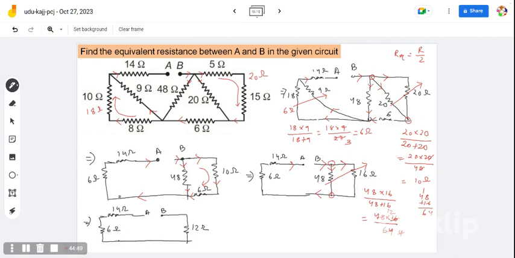Now when we do the current distribution again, the current through B is passing through this and it is reaching up to A, means the same current is flowing through all these three resistors. This means they are connected in series. So what will be the equivalent resistance? It will be the sum of all the three resistances. So 12 plus 6 plus 14. So 14 plus 6, 20. So the answer will be 32 ohm.